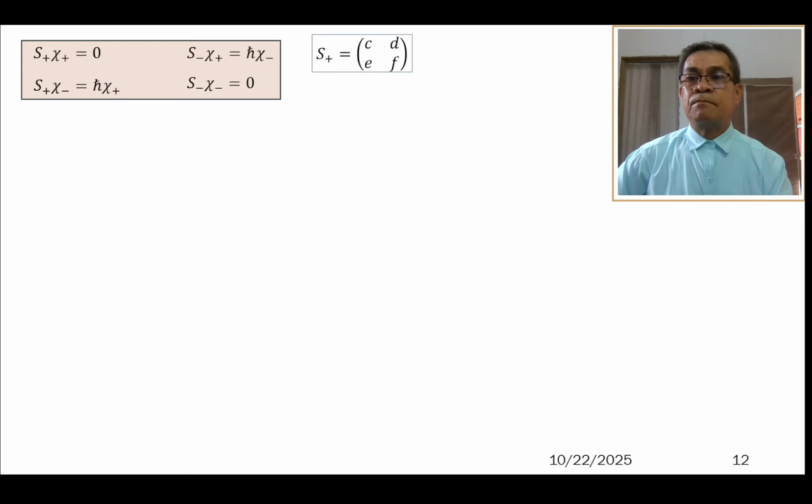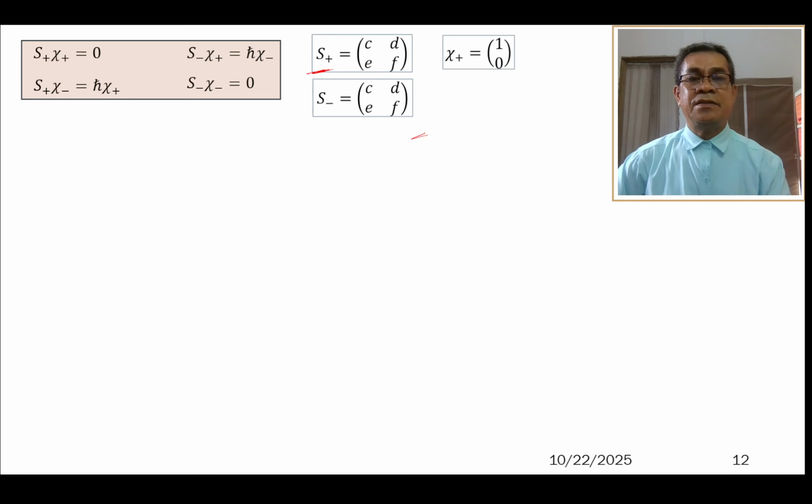So now for the raising operator, again it's a two by two. Then again, the lowering operator is another two by two. So we have that. The psi, remember, is spin up, psi plus, and we have this psi minus, the spin down.